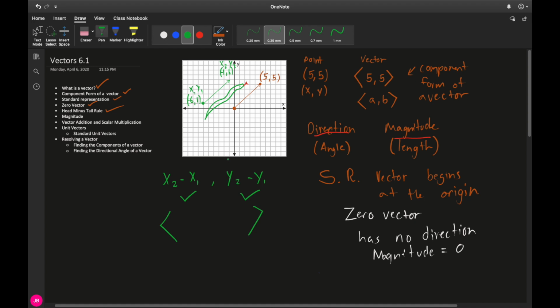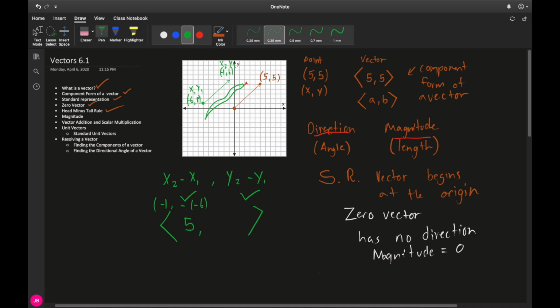So let's actually go ahead and subtract these to see if we can find its component form. We're going to take my x2, which is -1, and we're going to subtract my x1, which is -6. So I have -1 minus a -6, which actually ends up giving me a +5.